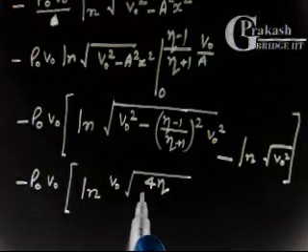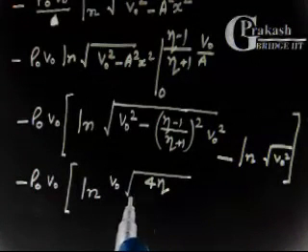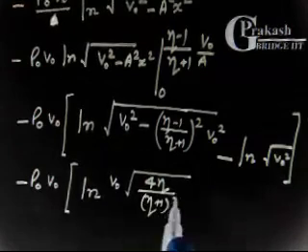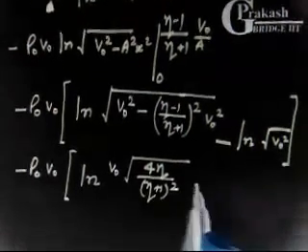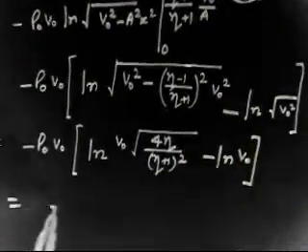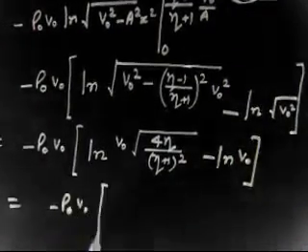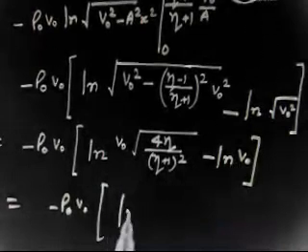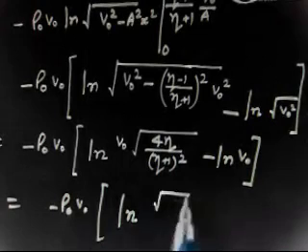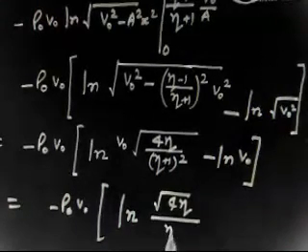Are you getting or not? Divided by eta plus 1 whole square. So I can write this is eta plus 1 whole square, minus ln v naught. So we will have simply minus p naught v naught, and this ln is under root 4 eta divided by eta plus 1.